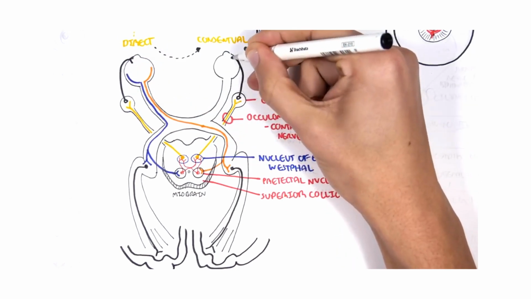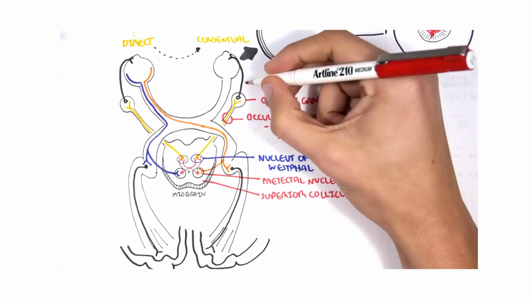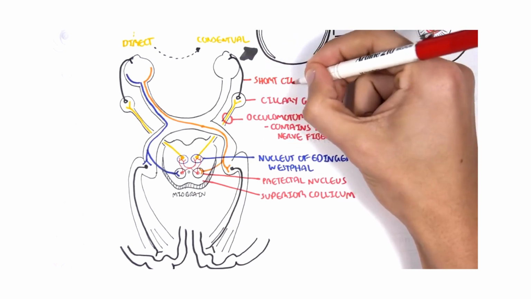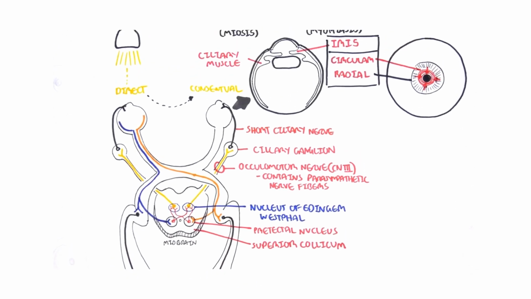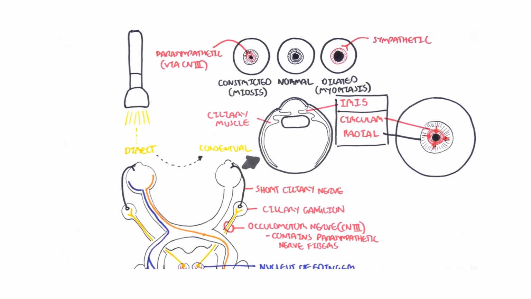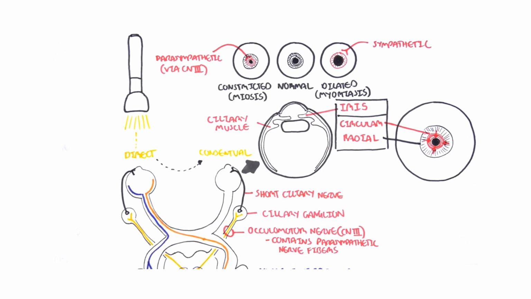The short ciliary nerve will then bring this information to the pupil, to the iris, causing the iris to constrict, essentially. And so you get pupil constriction. And that is why when you shine a light to the left eye, the left pupil will constrict, but also the right will constrict. And thus you have a direct and consensual response.